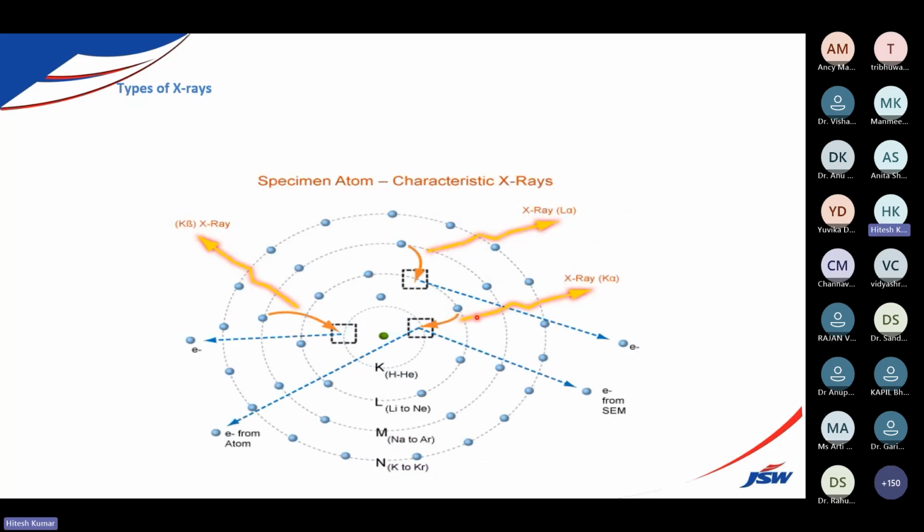If we talk about the X-ray, we'll talk about K alpha and L X-rays. These are the different X-rays; K beta is basically emitted during the interaction of your electron with your sample.